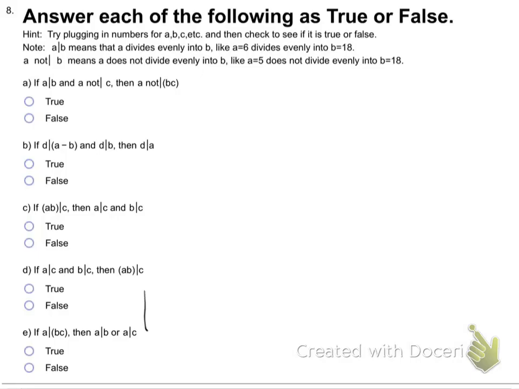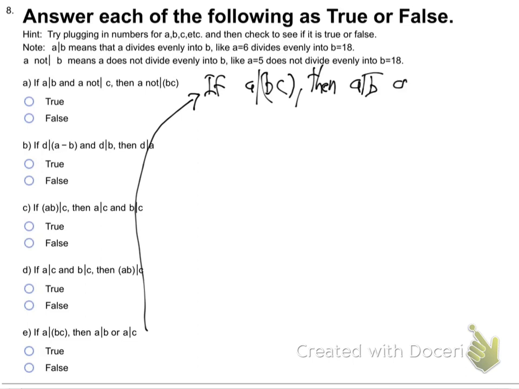Let's try E. So E here. If A divides into B times C, then A divides into B, or A divides into C. Is that true?